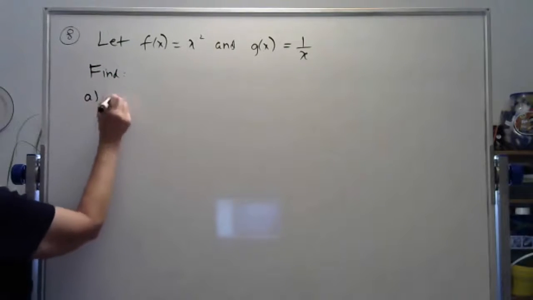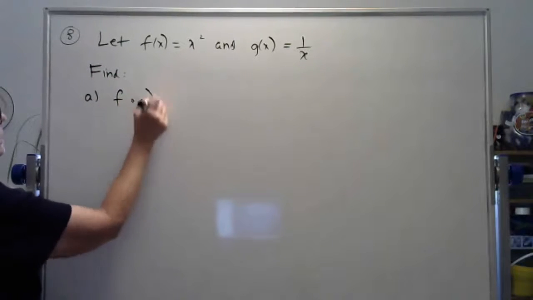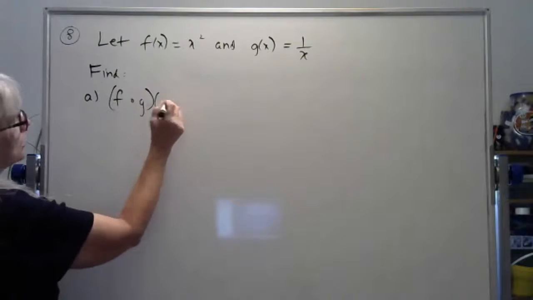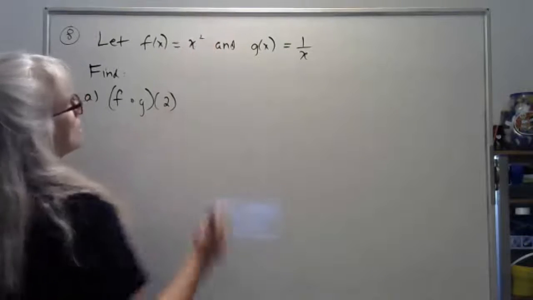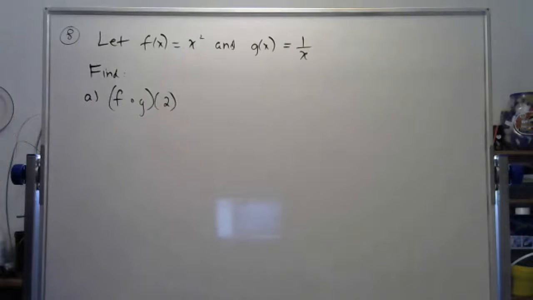So for part A, we're going to do f compose g of 2. So again, this was section 6.1, the compositions that we did. So f of x is equal to x squared. g of x is equal to 1 over x. And we want to find f compose g of 2.